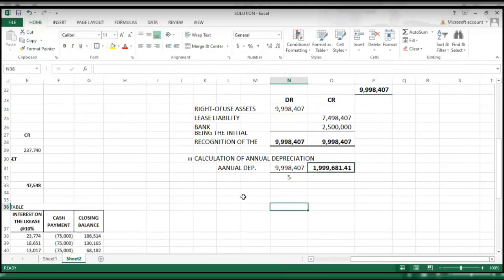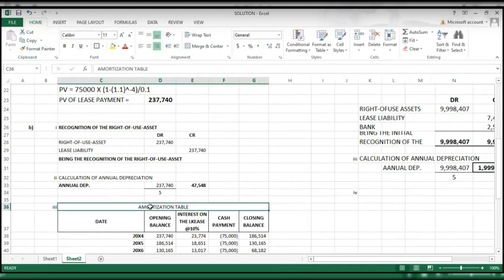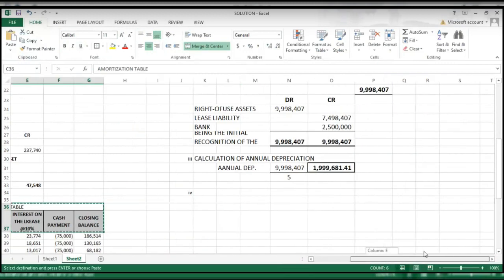So the fourth thing to do now is what? To do our amortization table. Roman figure 4, amortization table. That's what we must do now, and we have seen how that is done. Let me just copy the heading, the amortization table.